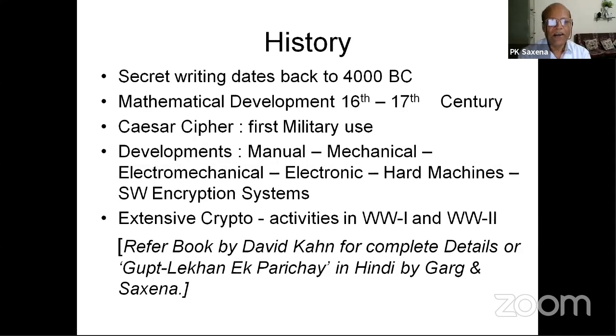purposes. In today's terminology, it's a very simple encryption method where a letter is replaced by a third letter in the alphabet, just replacing one letter by the third, or after a gap of 3, and changing the message.